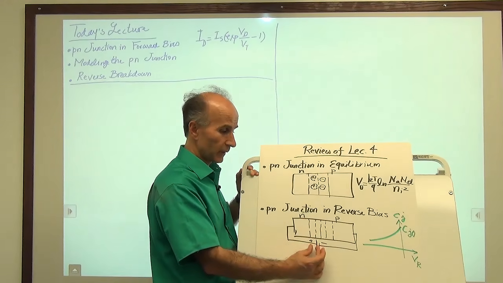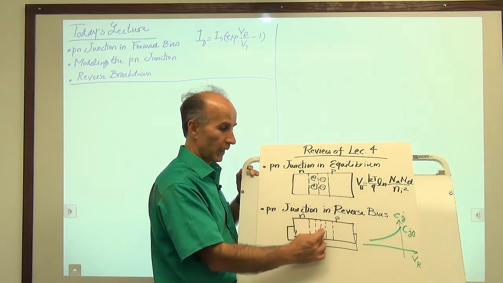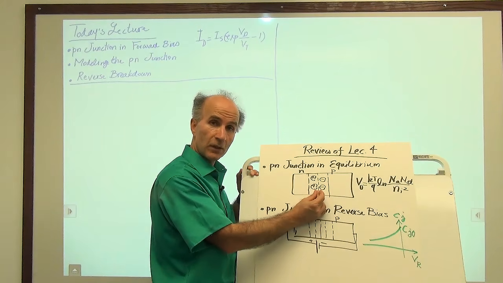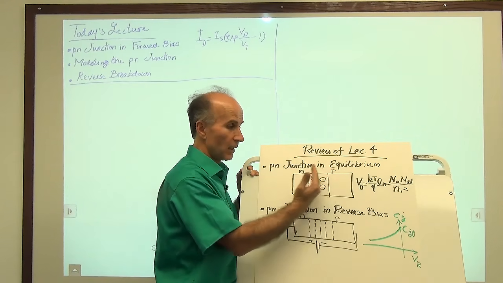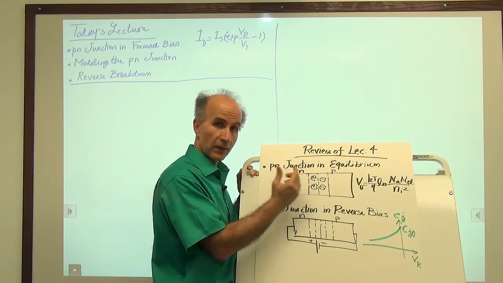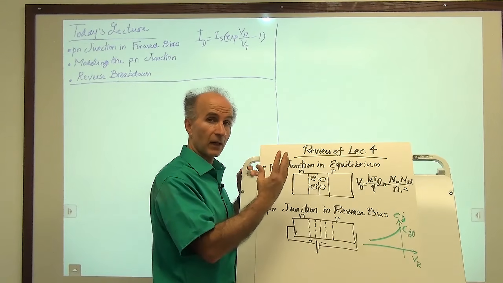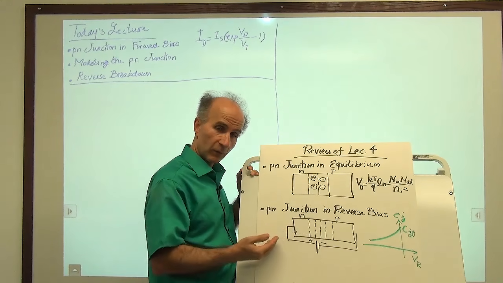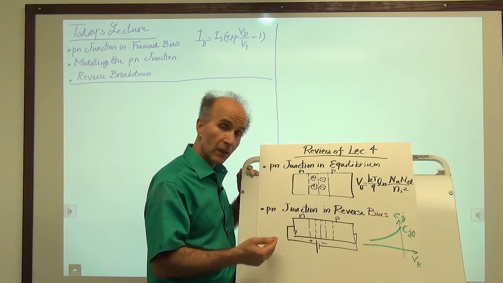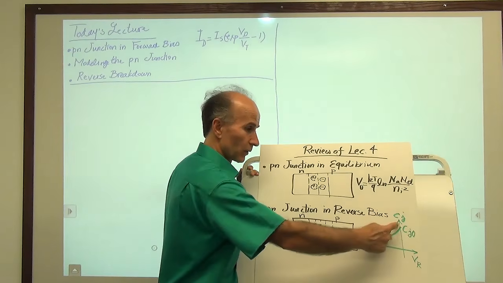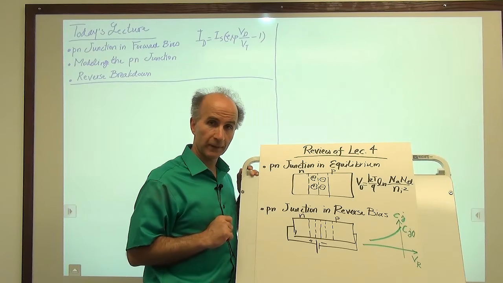For 0 volts applied, we have a narrow depletion region, meaning the spacing between the plates of the capacitor is small, so the capacitance is high. And as the reverse bias voltage increases in magnitude, the capacitance goes down.